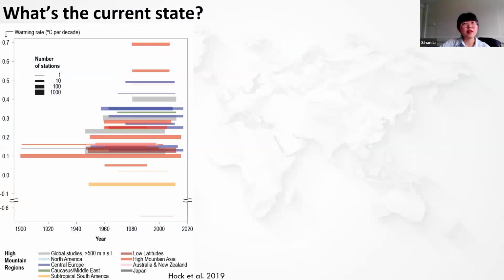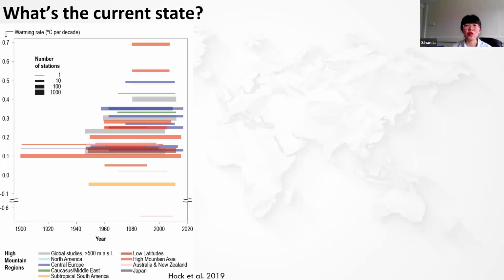Now, if we look at how much things have been changing, this is a figure taken from the high mountain area chapter in the IPCC special report on ocean and cryosphere in a changing climate. This is showing a synthesis of trends in mean annual surface air temperature in mountain regions based on roughly 6,400 observation stations, aggregated into 38 data sets separately reported by 19 different studies.